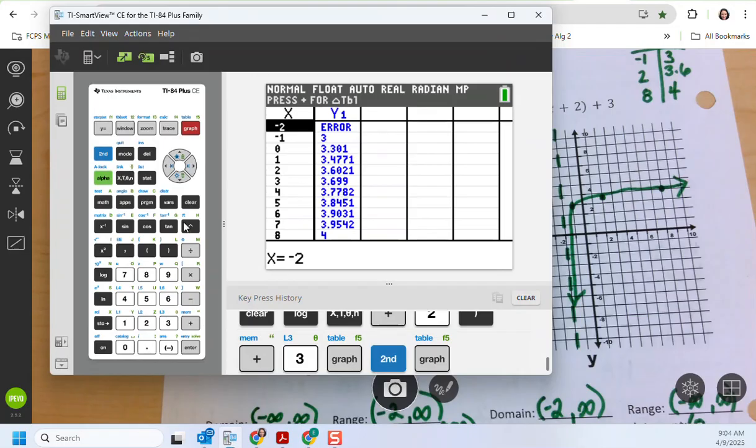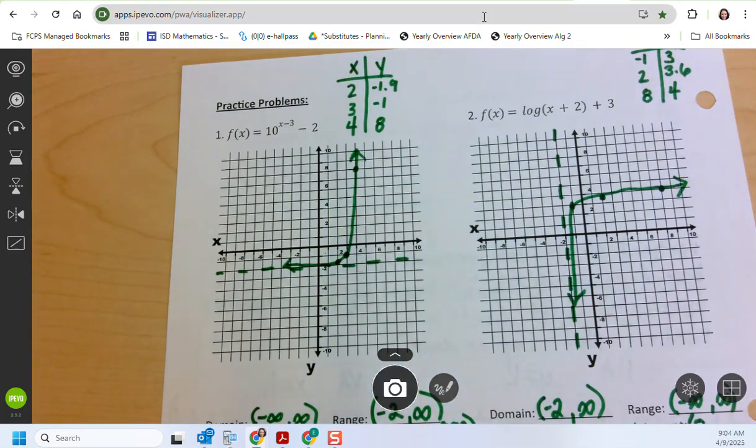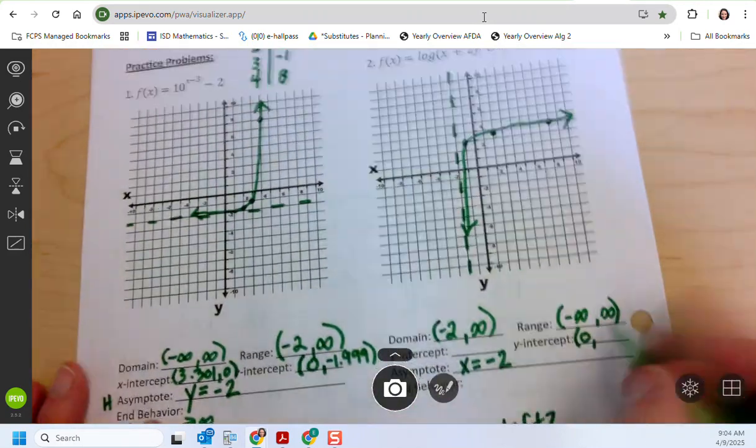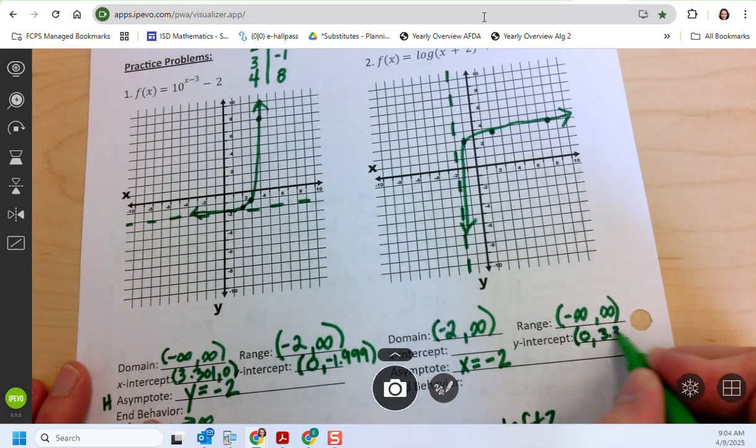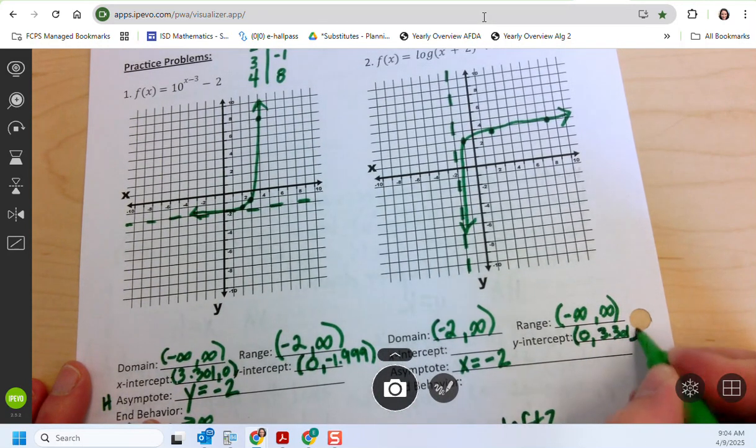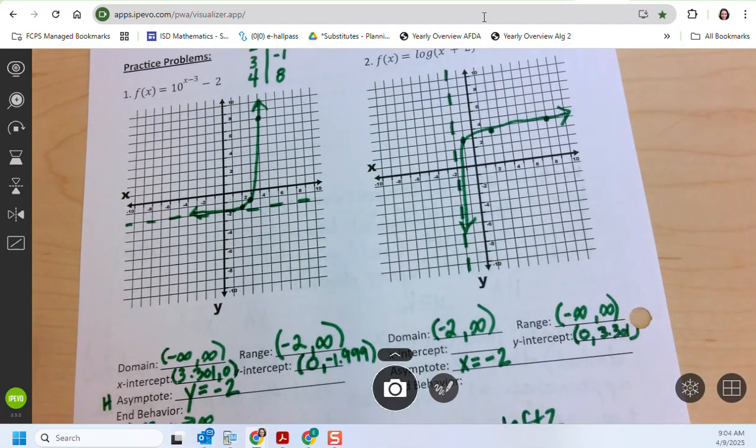All right, so I'm going to look at the table. It says 0, 3.301. So that is my y-intercept. I won't be able to find the x-intercept the way I found it before because the graph stops, and so it's not going to help me calculate that. So I'm going to show you how to find that by hand.